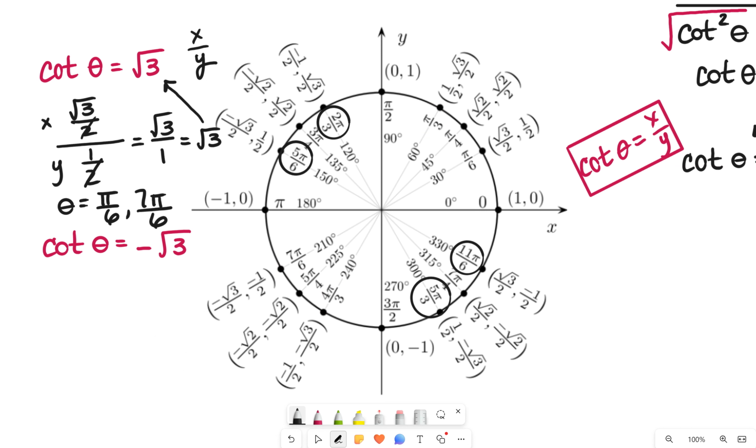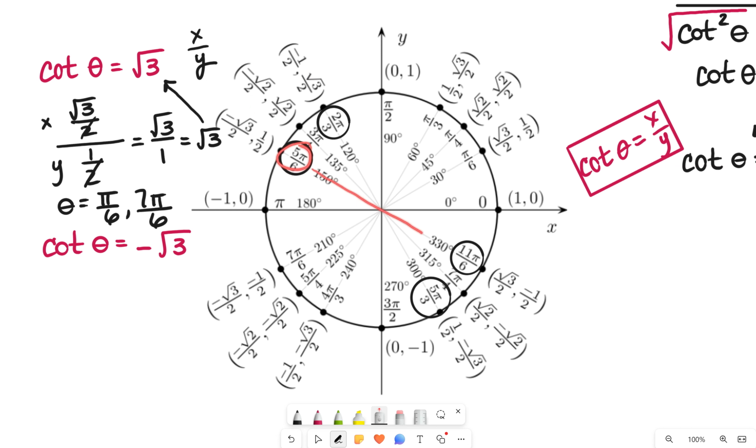With the same thought process as the previous problem, this time we're looking for the negatives, so I have circled the negative possibilities, but we're looking to divide x over y to get negative square root of 3. So again, if I look at my x over y, my x is negative 1 over square root of 3. That's not going to work. How about negative square root of 3 over my 1? That does work.